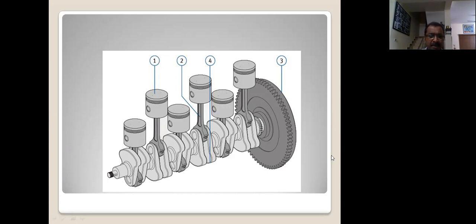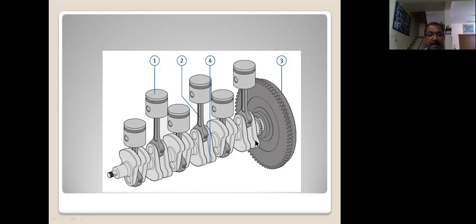You have the piston here, you have the crankshaft here. The pistons will be making to and fro motions, so the crankshaft will be rotating. To this rotating crankshaft, you will be connecting, let us say, the rotating turbine of your ship.